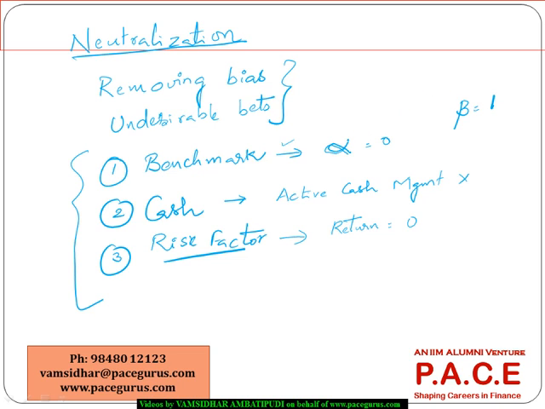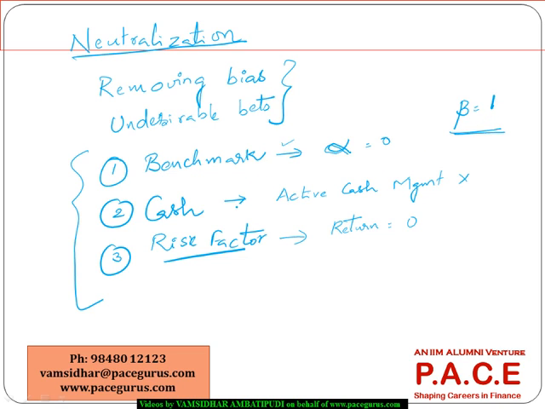So even if the benchmark's beta initially is not 1, it is modified in such a way that the beta will become 1. If the alpha becomes 0, the beta will come closer to 1.